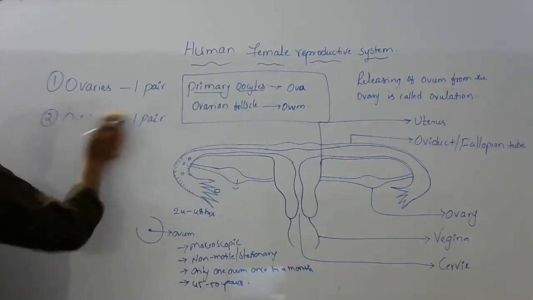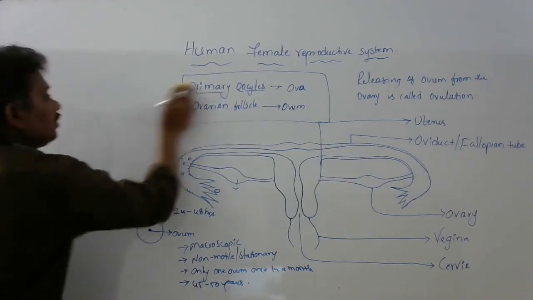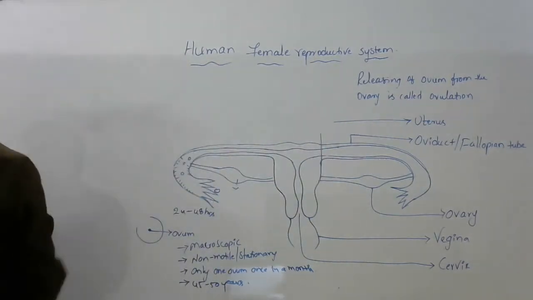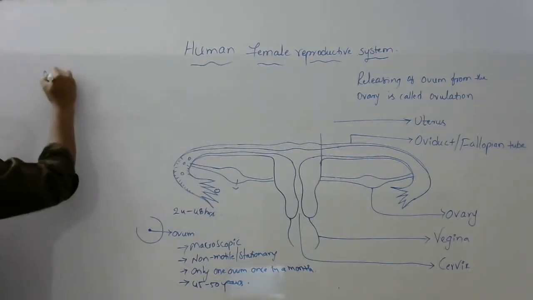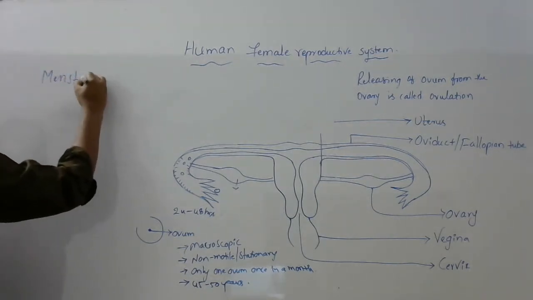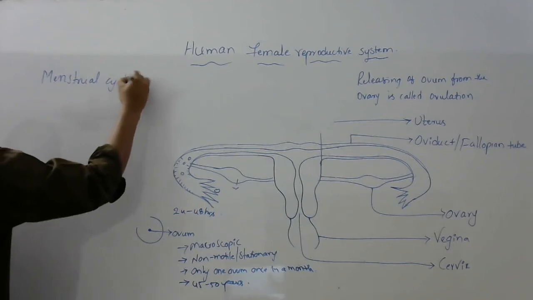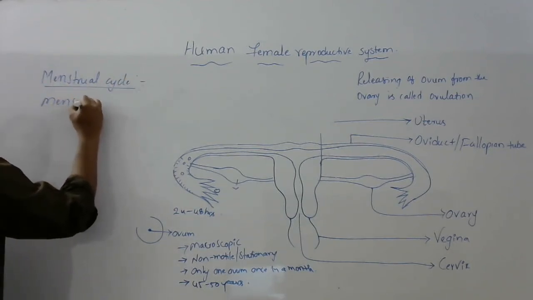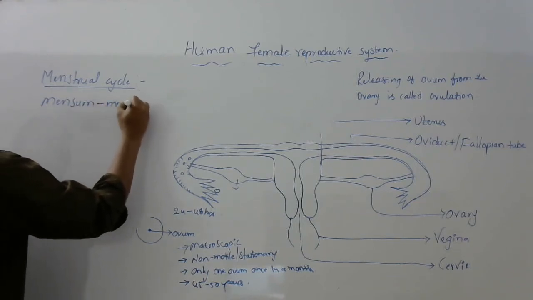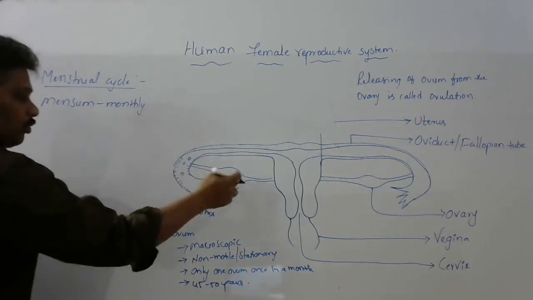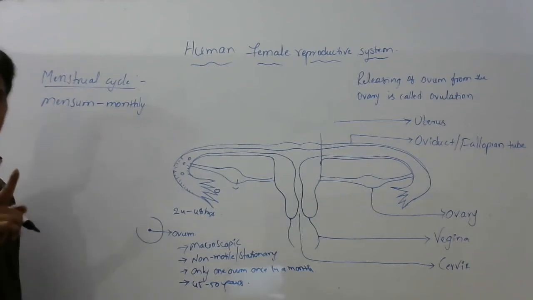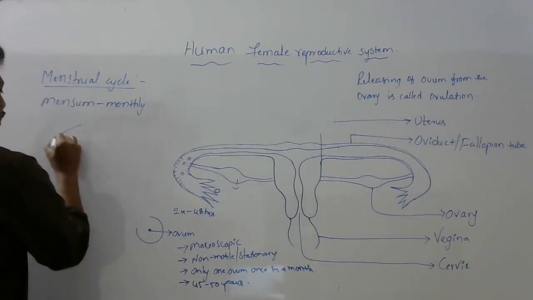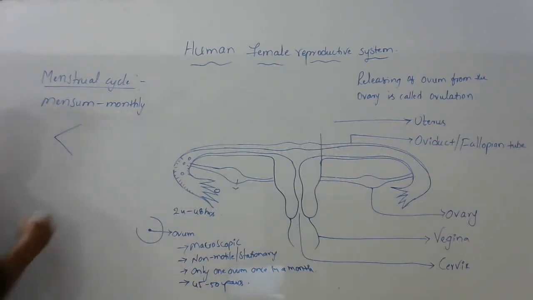We can see a mechanism, a monthly cycle, that is menstrual cycle in females. Menstrual cycle means mensum means month, monthly cycle. I told you only one ovum once in a month. In this cycle there are majorly two stages.